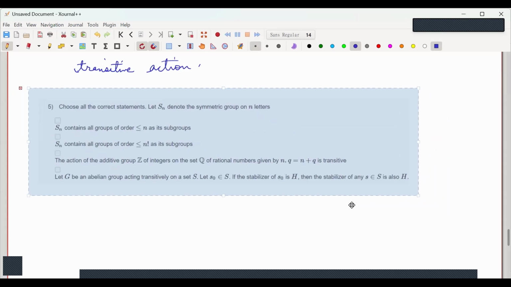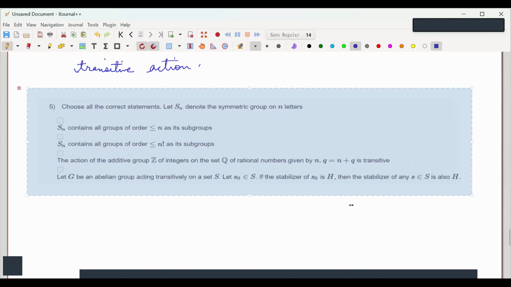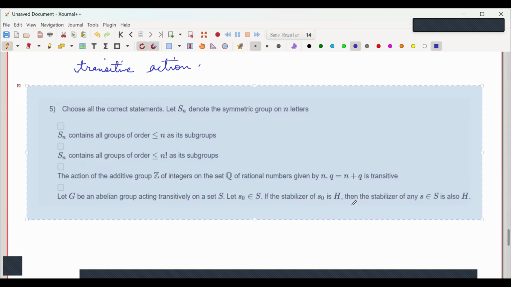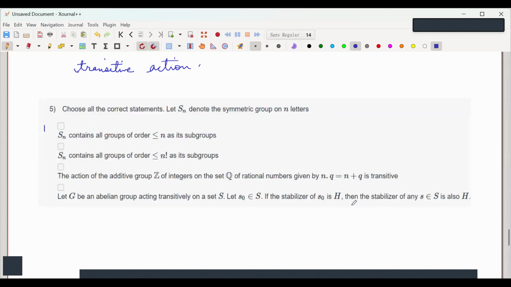Okay. So let me just move to the fifth part. It says choose all the correct statements, and let Sn denote the symmetric group on n letters. Sn contains groups of order less than or equal to n as subgroups. All such groups are there.